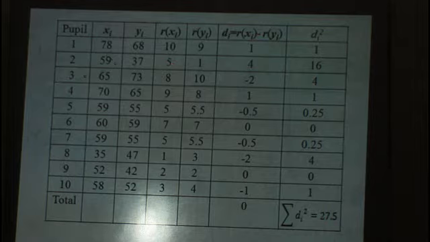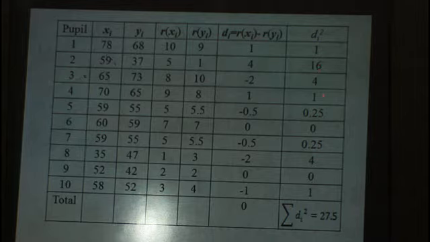The same person scored 37 in English, and in the ranking for English, it was the 1st. So taking the difference between 5 and 1, you get 4. Then 4 squared, you get 16.